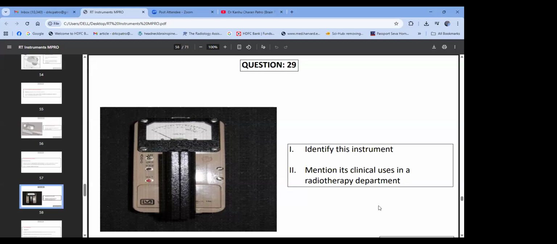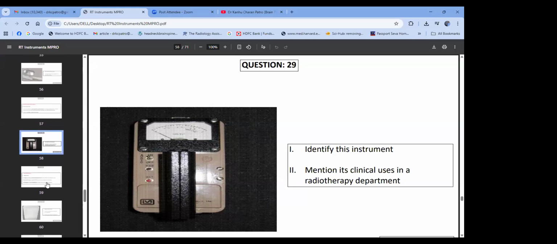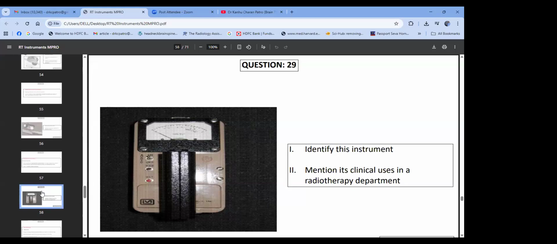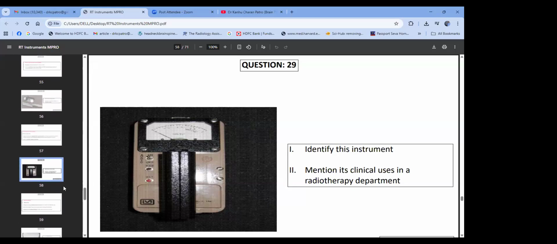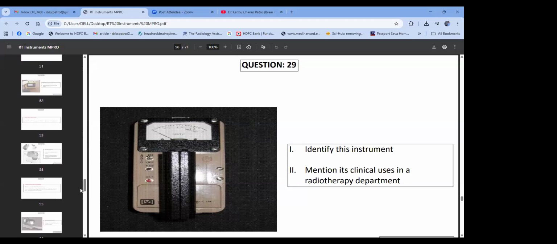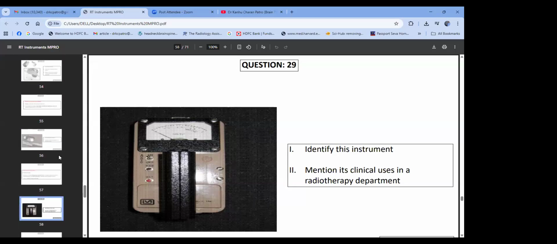It's used in the radiotherapy department to detect leakage and stray radiation in and around the LINAC and cobalt units, and also in brachytherapy units during source loading and unloading, and also to check the integrity of walls, doors and control consoles.